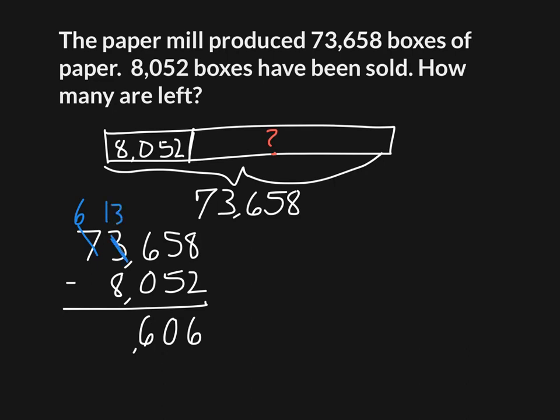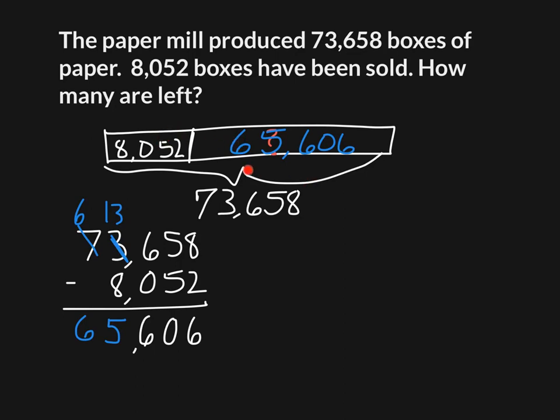So now I have 13,000s. So 13 minus 8 is 5, and 6 minus 0 is 6. So they have 65,606 boxes left.